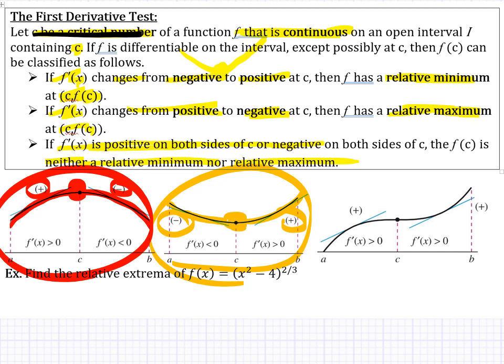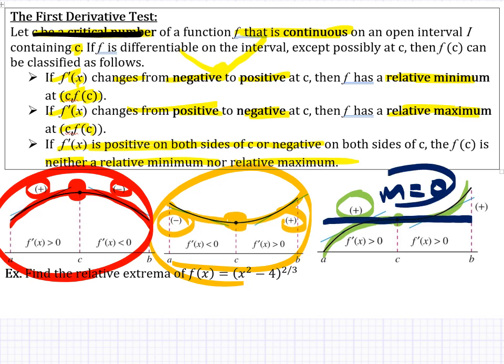That doesn't always happen because look at this point right here. This point, the slope is 0. The derivative is 0. However, on this side, my slope is positive, and on this side, my slope is also positive. Yet, the tangent line right here is horizontal. The slope is 0.